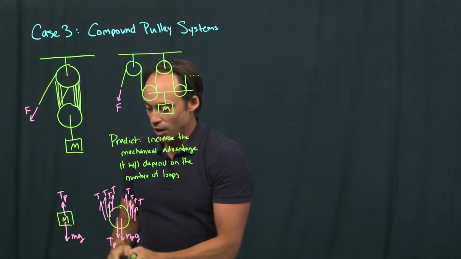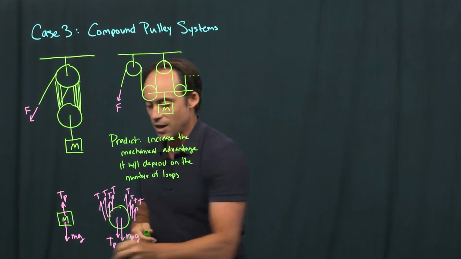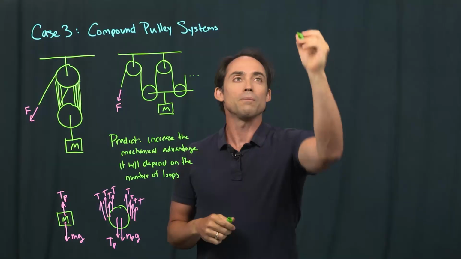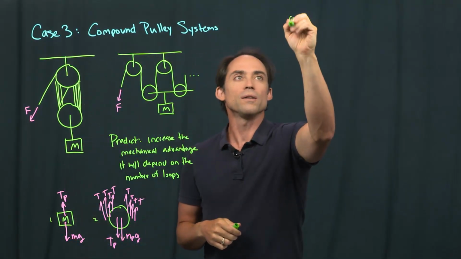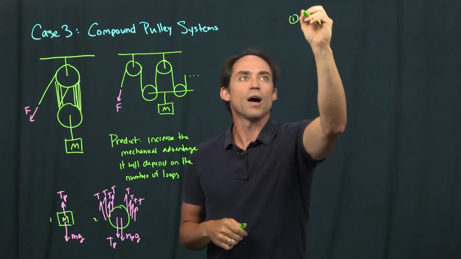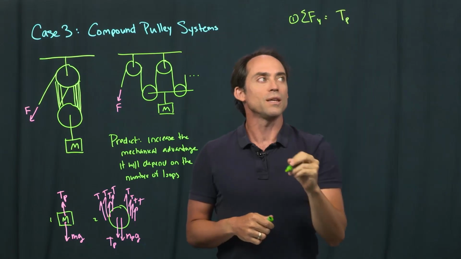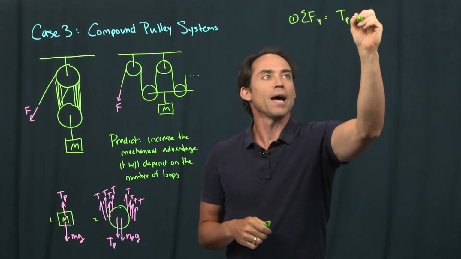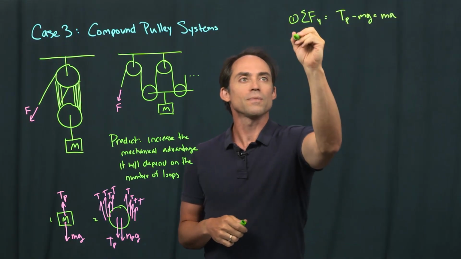We go back to our equations of motion, much the same way that we've done in the last couple examples. For the mass, we'll call that number 1 and number 2. So for number 1, the sum of the forces in the y direction are equal to the tension force between the mass and the pulley wheel minus the weight, and that's its mass times acceleration.